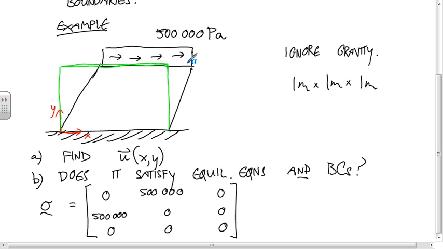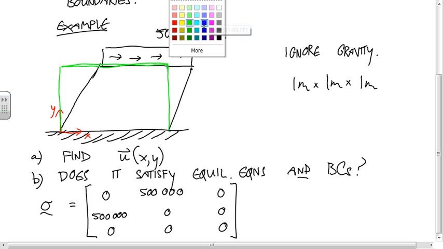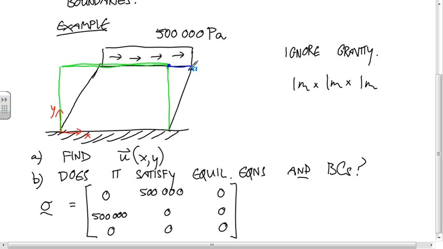Up at the top, each one of these points translates this way, right? There's a displacement in the x direction. So up at the top, there's an x displacement, but no y displacement, no z displacement. If you go halfway down, you get the same story, but just not as big.